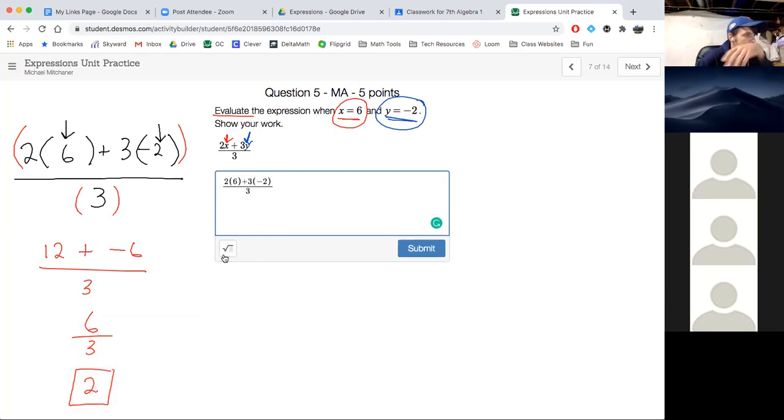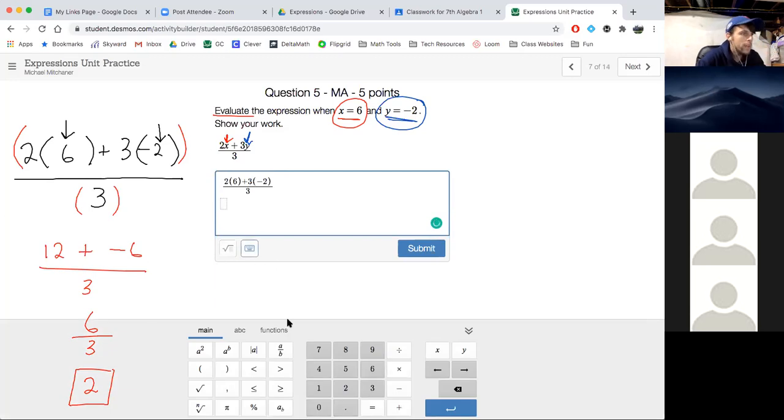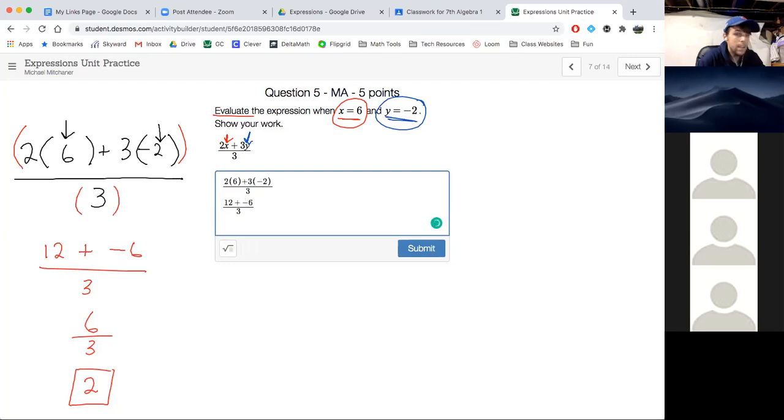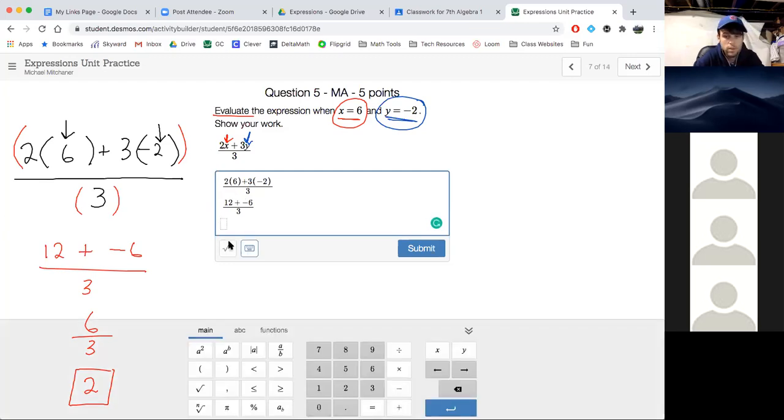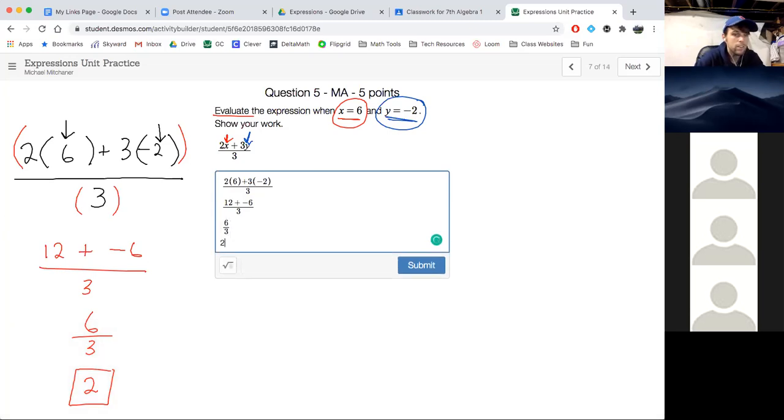Hit enter to go down to my next line. Let's type in a new equation. My next step here was 12 plus -6/3. I'm going to go ahead and enter again and put in my next line, which is 6/3. And then our final answer, 2.